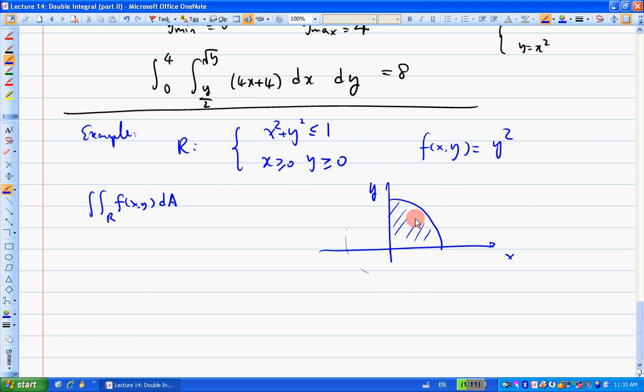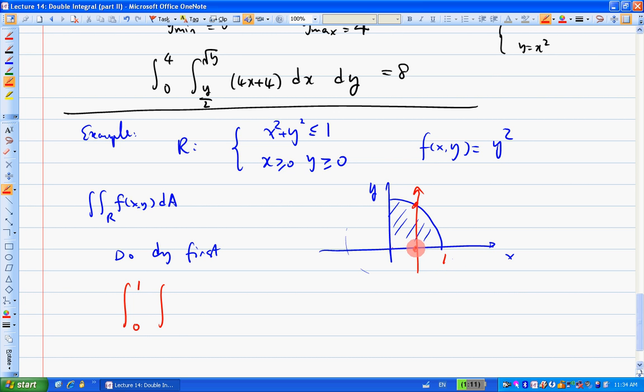So this is region R, and let's say I'm going to do dy first. Doing dy first means you draw vertical lines up. First contact gives you the y min. Second contact gives you the y max. Sweep this line and you end up with the x min and x max. So x min is 0, x max is 1 because the radius is 1.